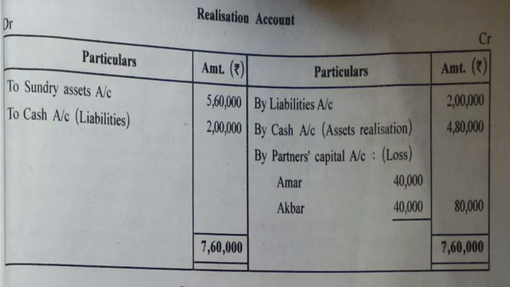But your question says that there is a loss of rupees 80,000 on realization. So assets are of rupees 5,60,000, but they have realized 80,000 less. There is loss. So 5,60,000 minus 80,000 gives you 4,80,000.